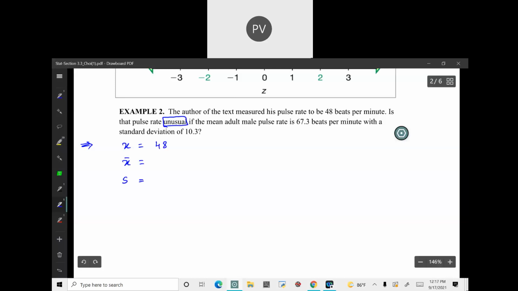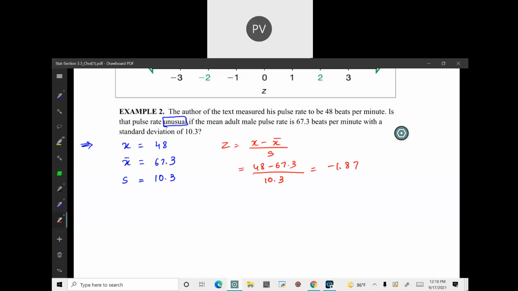X bar is the mean and s is the standard deviation. So what would be the z-score? So the z-score is negative.